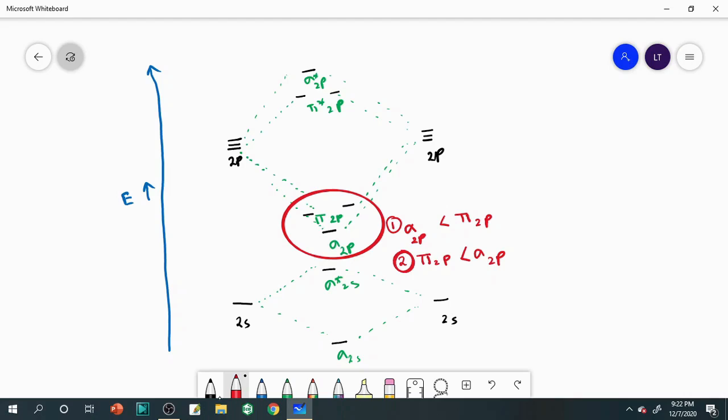This case 1 type of molecular orbital energy level diagram is valid, and you should remember this, for oxygen onwards molecules, that is, molecules consisting of atoms having atomic number greater than or equal to 8.